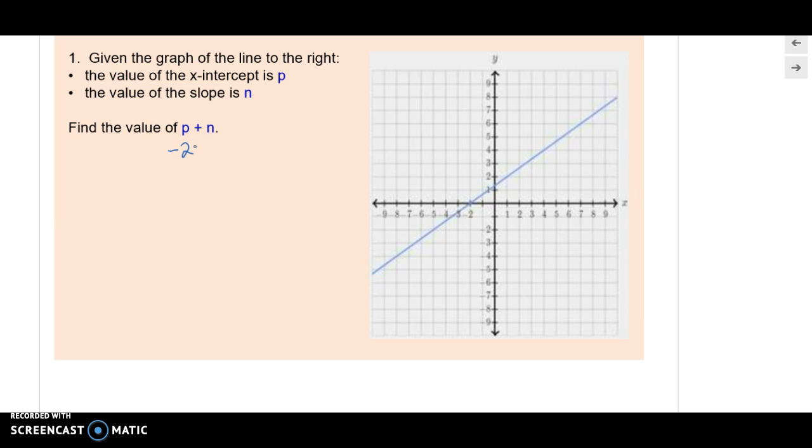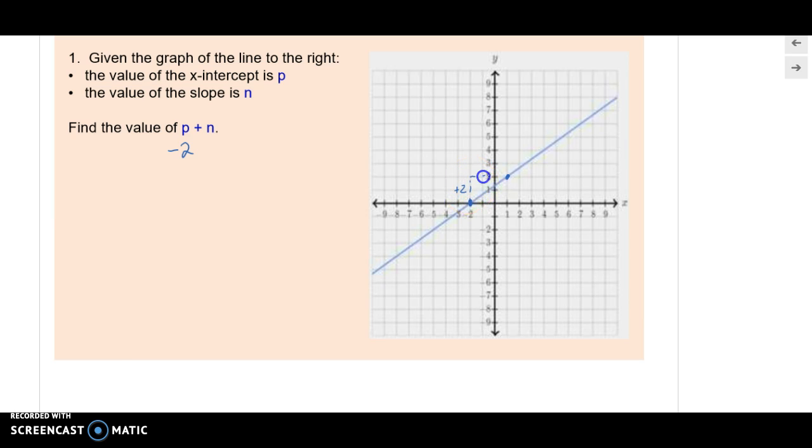So what I'm looking for is how much does the vertical coordinate change compared to the horizontal? Really what I'm looking for are two nice points that are very clear. And I know this one, that's a really good point because we've already used that as our x-intercept. The next point I'm going to use looks like (1, 2) would be a good one. So I want to know how much does this go up? Well, let's see, it goes up 2.